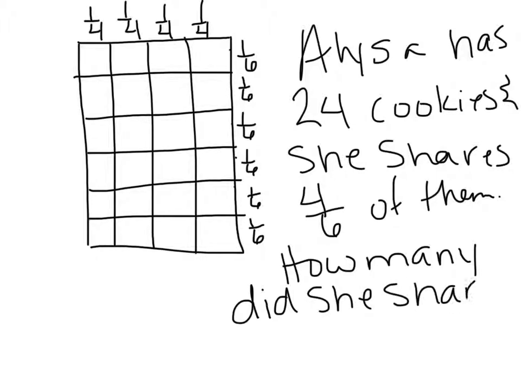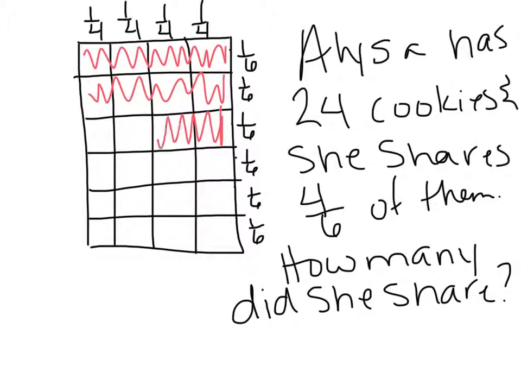And you can work this out as 24 times 4/6. You can even look over here and shade in. There's 1/6, so there's 4 cookies. There's 2/6, that's 8 cookies. 3/6, that's 12 cookies. 4/6 would be 16 cookies.